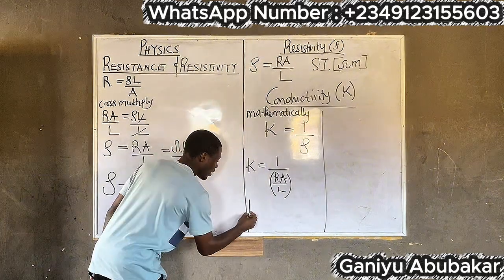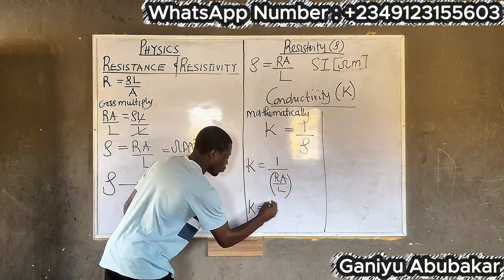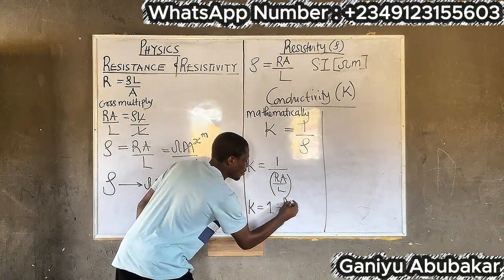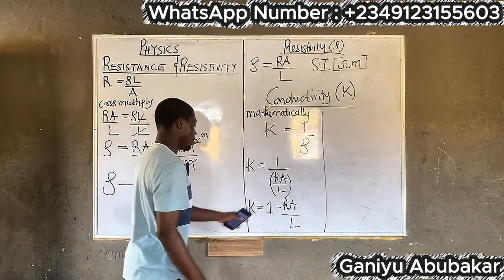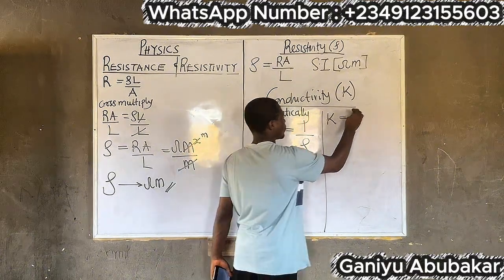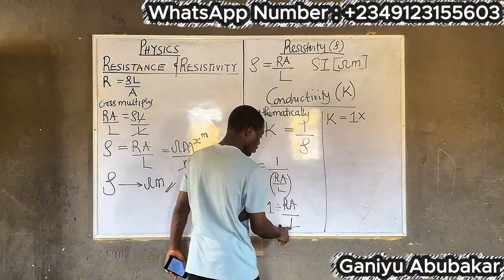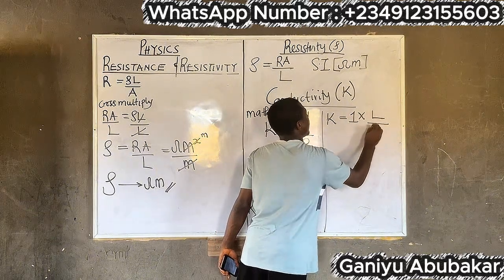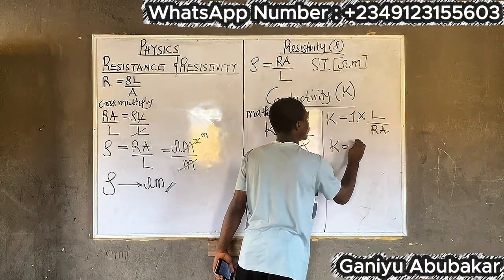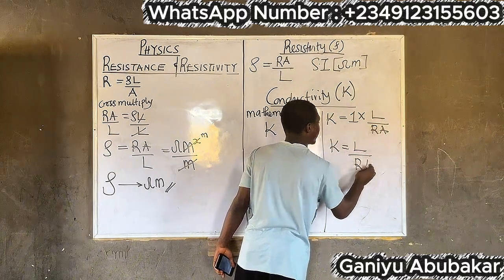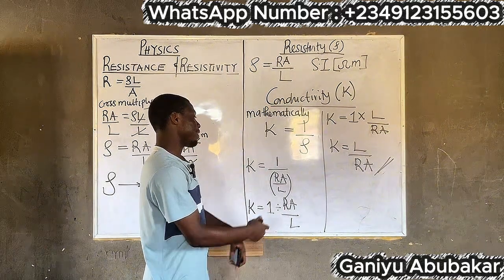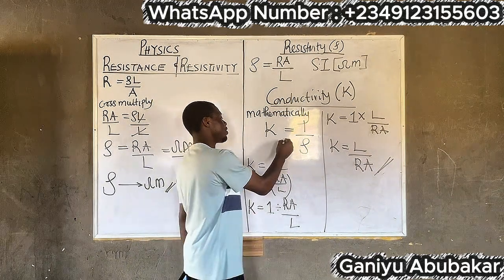Moving on, K is equal to 1 divided by RA over L. This gives K is equal to 1 times L over RA, so K is equal to L over RA. This becomes your mathematical expression for conductivity, and you can use either form.